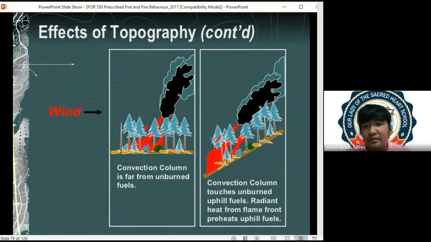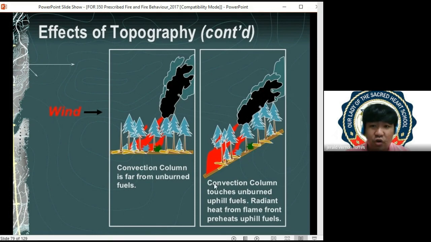Yung wind, 'di ba? Tulad ng sabi ko, yung wind also would affect the distribution and the spread of wildfire. And saan mas grabe yung effect? Tignan nyo, if you have a plain, no? Kung plain yung lupa nyo, yung distribution ng wind hindi masyadong profound yung effect.